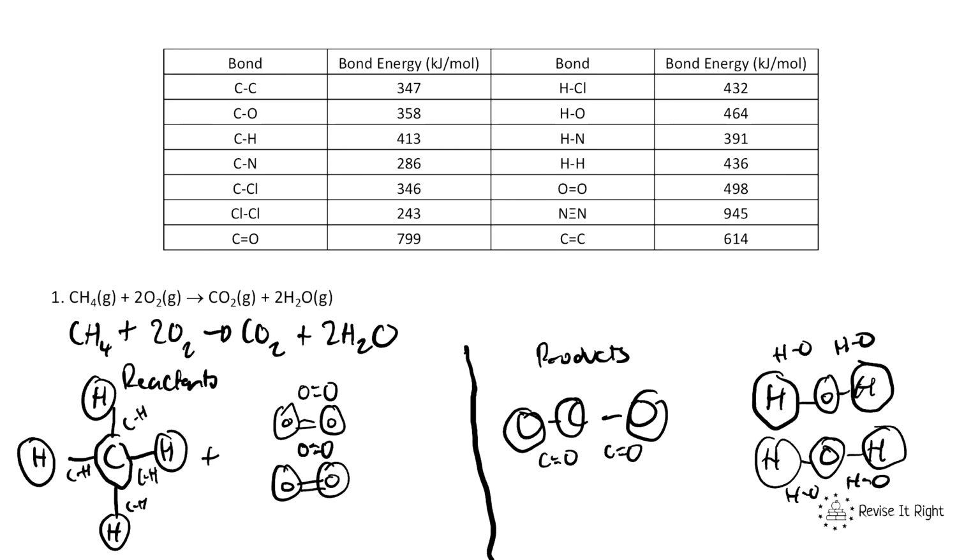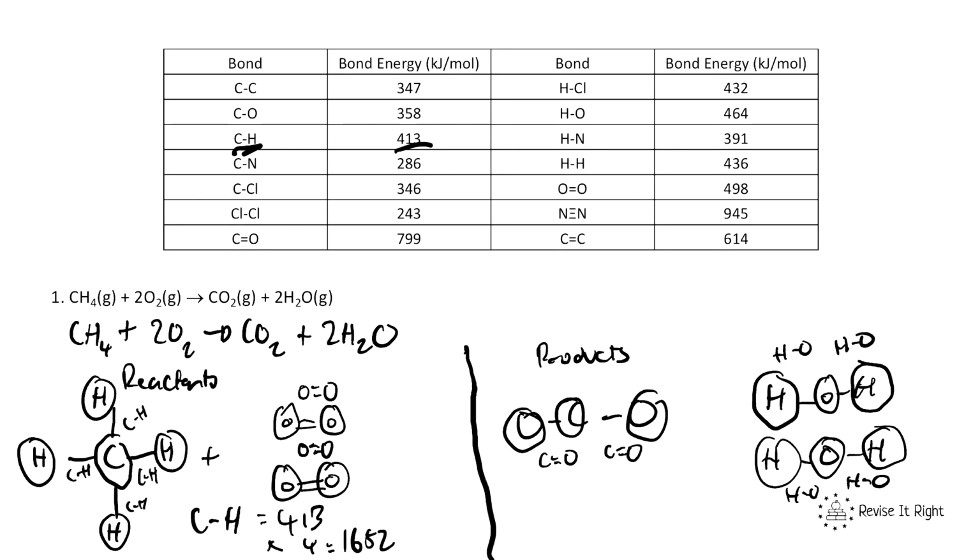So we've got 4 lots of C-H. If we go on our table, C-H is 413, and we've got 4 lots of those, so all we have to do is 413 times 4, so that gives us 1,652.